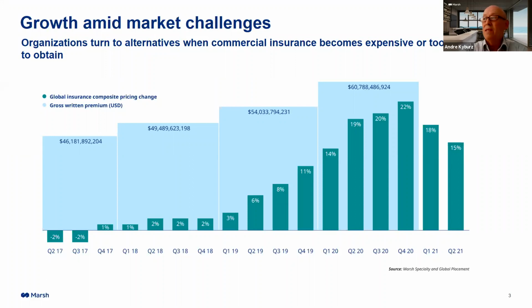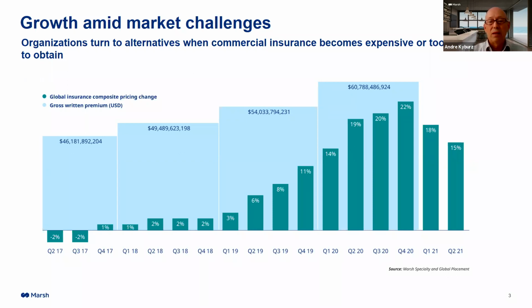And what we see here is the premiums and the pricing impacts shown here, over the last maybe 2.5 years, where the market really turned. And as you see here on the slide, this is really the global insurance composite pricing change over that time. And also, of course, the gross written premium globally that has increased dramatically.